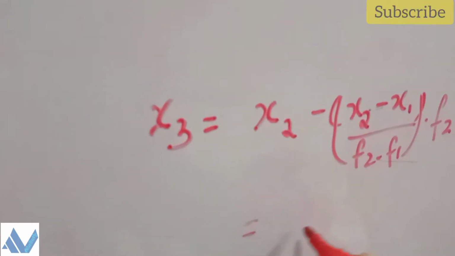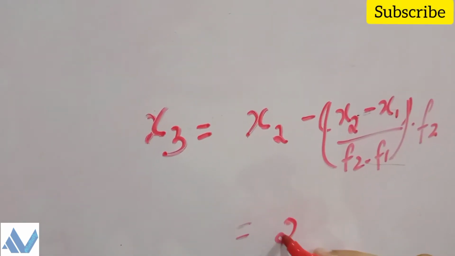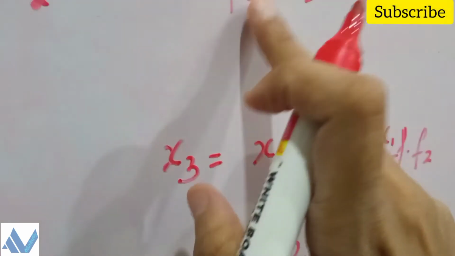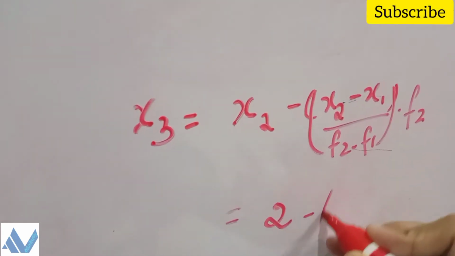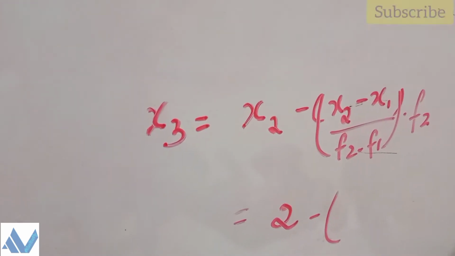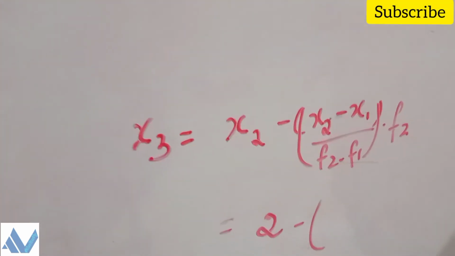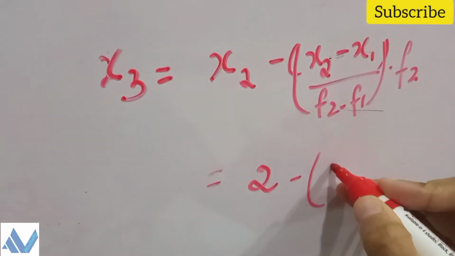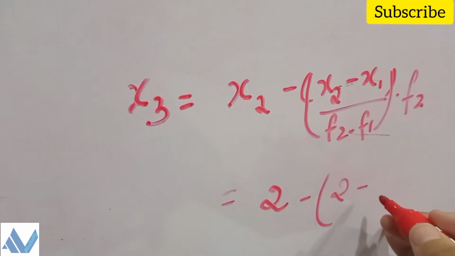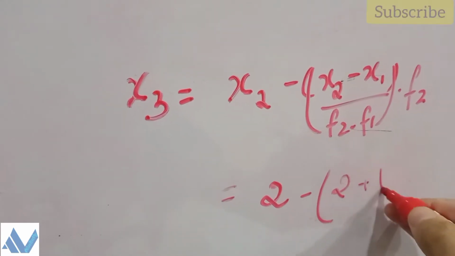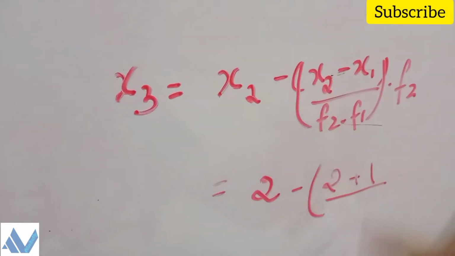Which is equal to, x2 is 2, we substituted 2, right? 2 minus, x1. x1 is minus 1, that becomes plus 1, since the minus sign is already there.